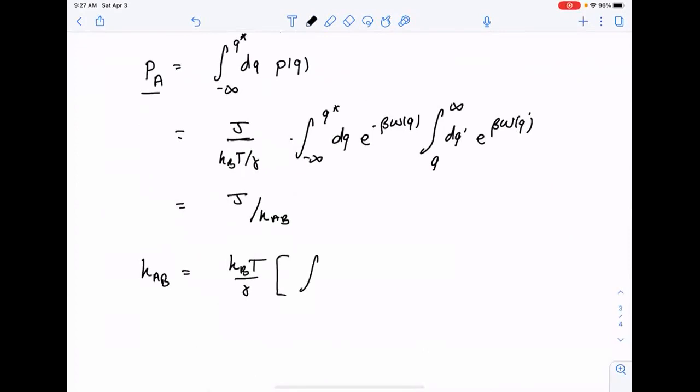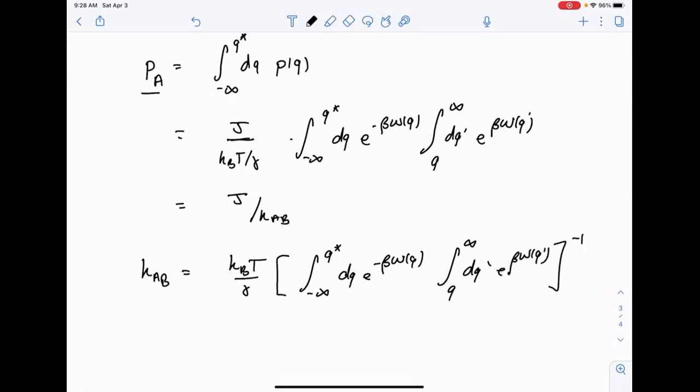and two integrals: an integral from -infinity to Q star, which sums up the probability at steady state in A, and the integral from Q star to infinity dq prime e to the beta omega Q prime.